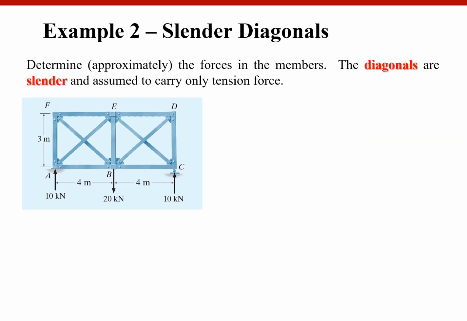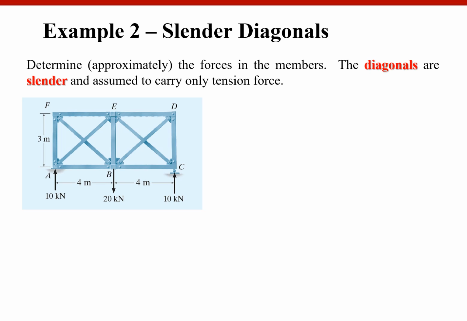Okay, the next example is a truss with slender diagonals. Any slender member in a structure will not be able to carry compressive forces because it will buckle. So when you have X bracing, if one is in compression, the other one is in tension.